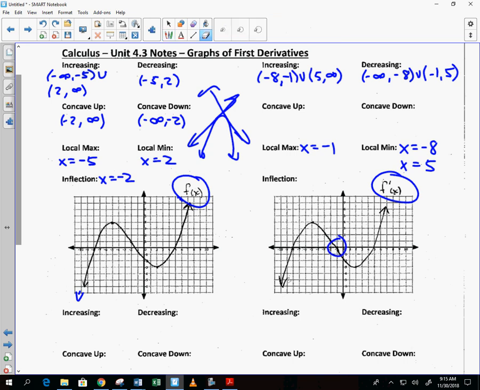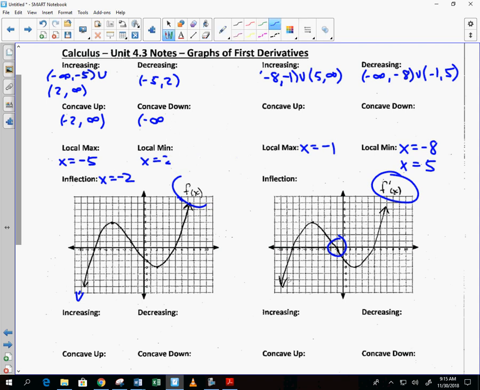Better? Okay. All right. So now we're going to get to a little bit more challenging part, which is to consider concavity. If I want to show the second derivative, I would draw a tangent line to the first derivative, correct? So as I draw a tangent line right here, you tell me, is the second derivative positive or negative? Second derivative is positive.